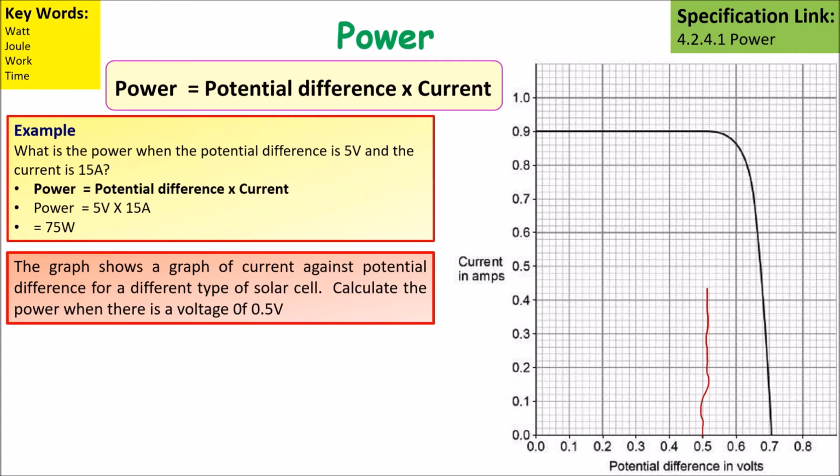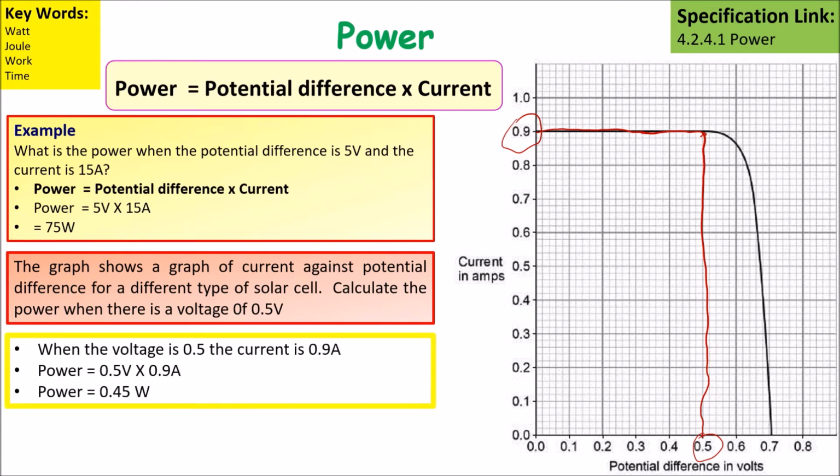You'd read up, preferably using some sort of straight line from there, and then you would read across. So when we have 5 volts, that gives us a current of 0.9 amps. That would be the first thing that we needed to consider. Then just plug those numbers into our equation. So you'd have 5 volts times 0.9 amps, which would give us a power of 4.5 watts.